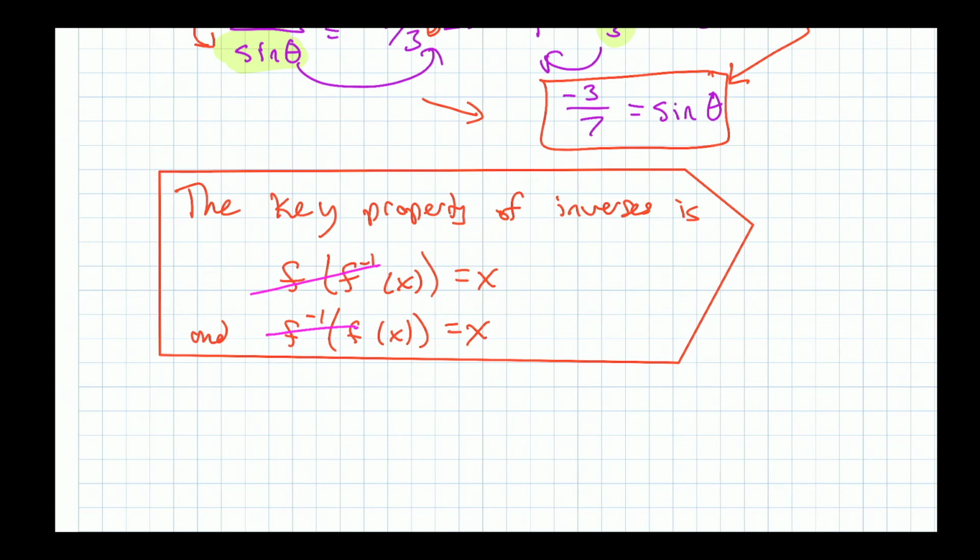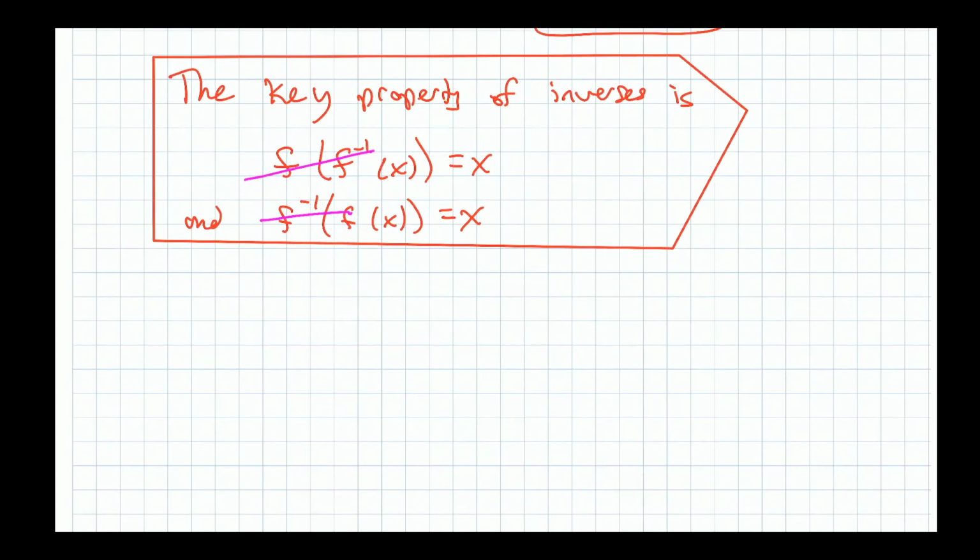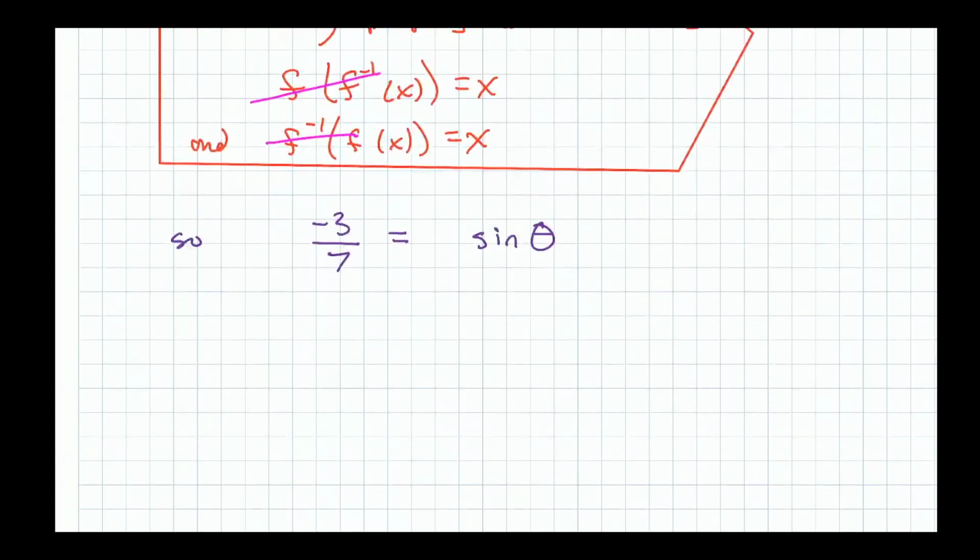And the way that's relevant here is we've got -3/7 equals sine theta, right? But what you do is you're just going to apply an inverse sine to both sides.